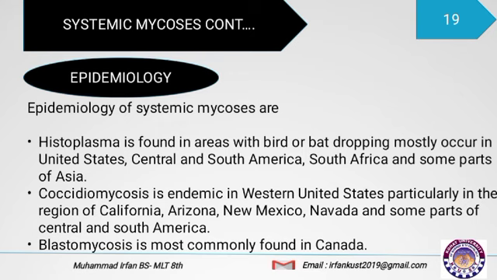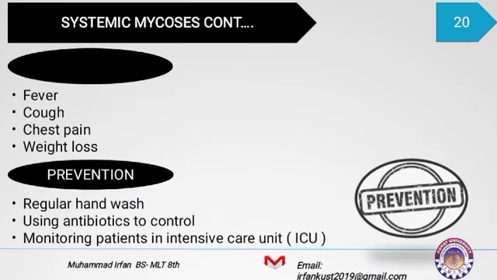Blastomycosis is mostly found in Canada. Symptoms. Symptoms of systemic mycosis are fever, cough, chest pain, weight loss.